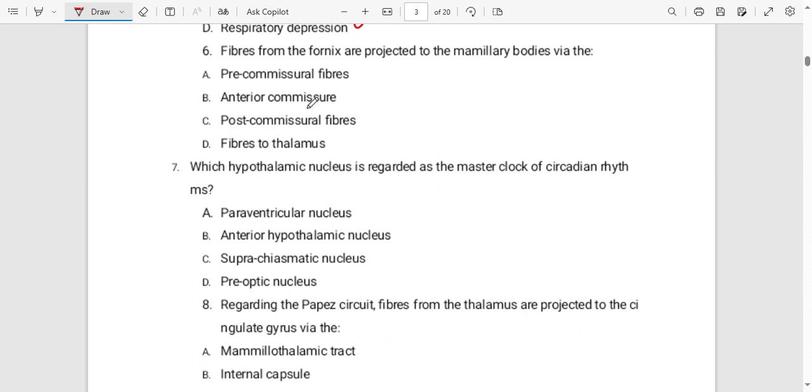The posterior commissural fibers. Why do you think so, Doc? Any thought?